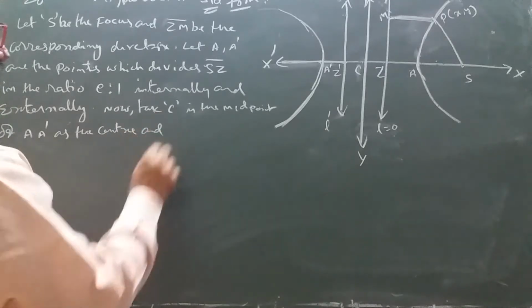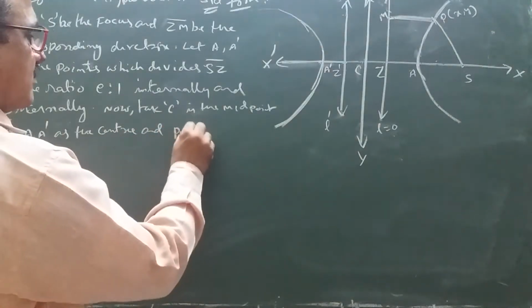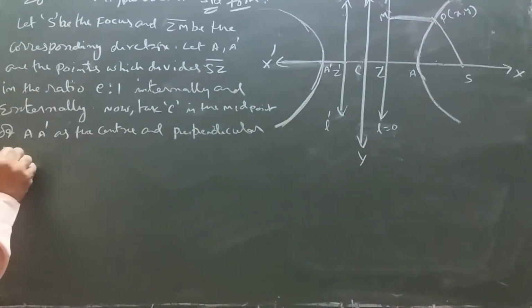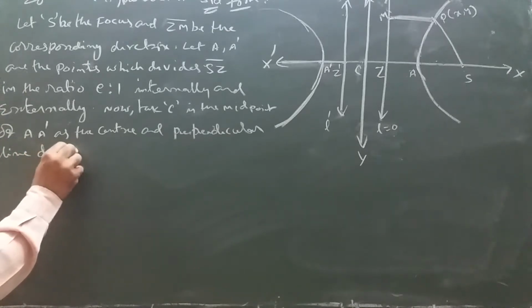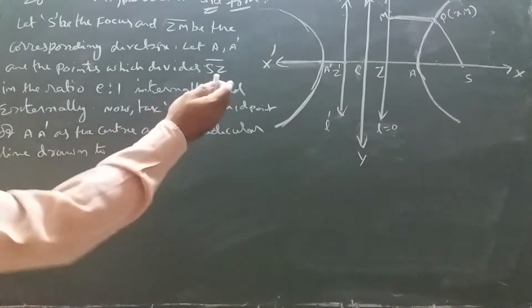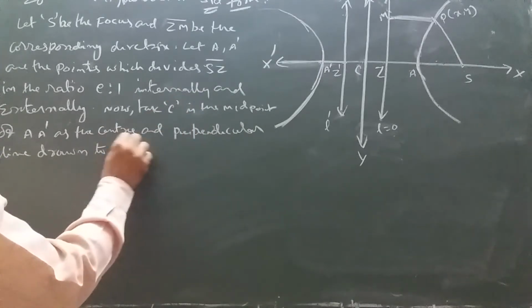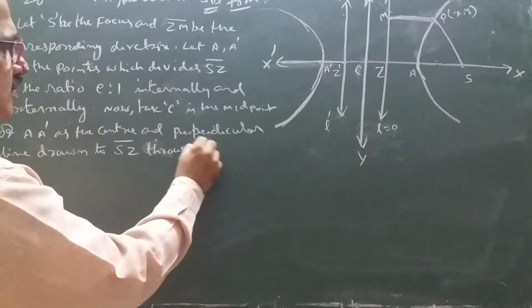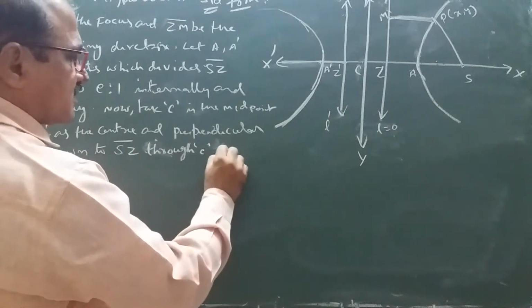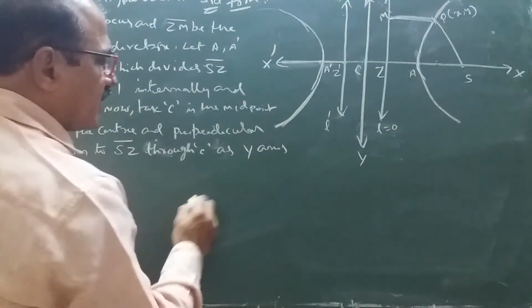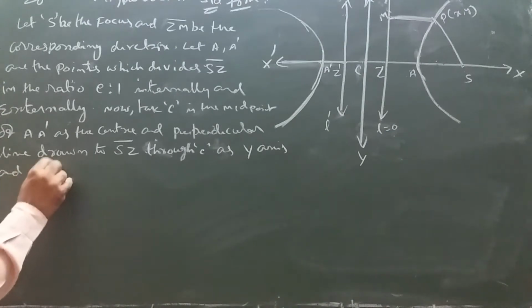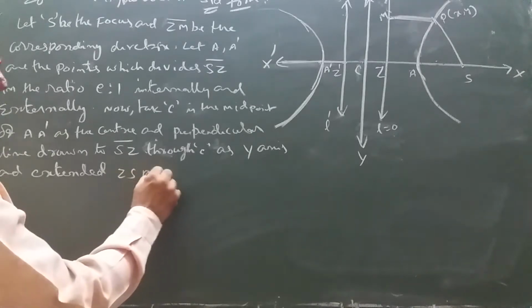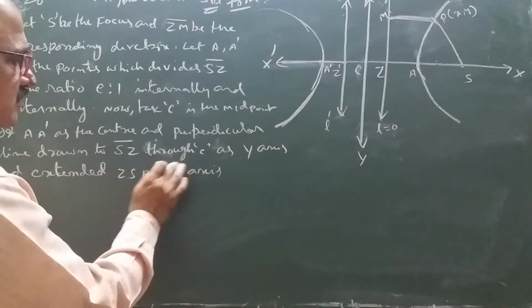A perpendicular line is drawn to SZ through C as the y-axis, and the extended ZS as the x-axis.